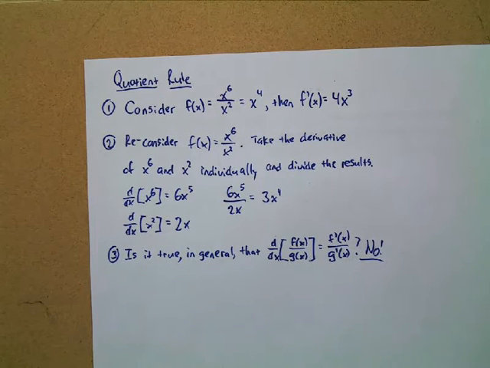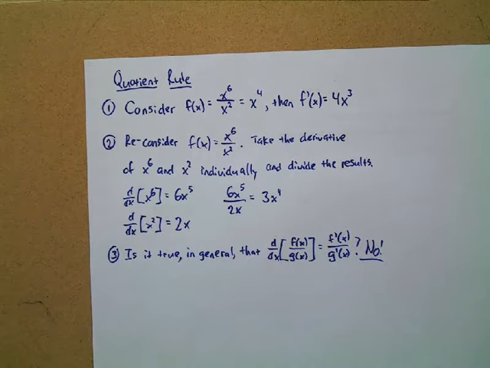But when it comes to a product, when you're multiplying two functions together, when it comes to a quotient, when you're dividing two functions, right? The derivative of a product is not the same thing as the product of the two derivatives. And the derivative of a quotient is not the same thing as the quotient of the individual derivatives. It's not the same thing, okay? So watch out with products, watch out with quotients. Yes for addition, yes for subtraction, but not for product, and not for multiplication and division.